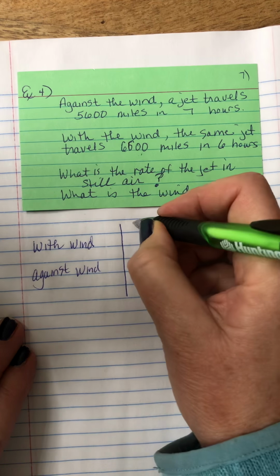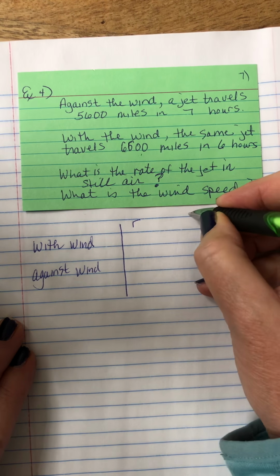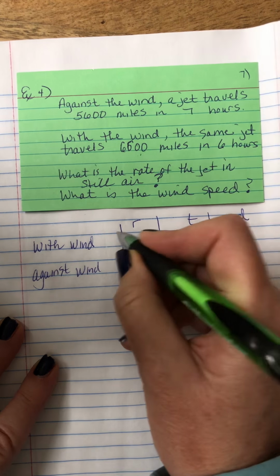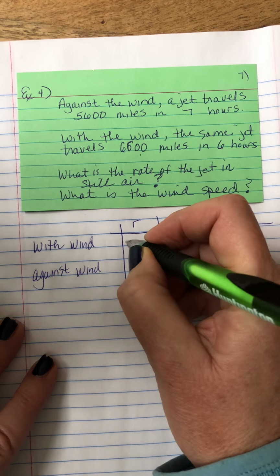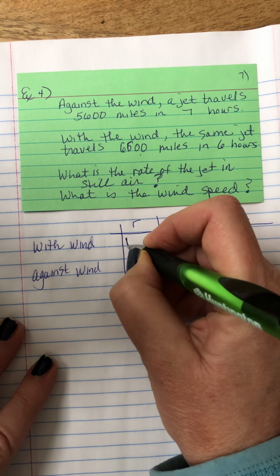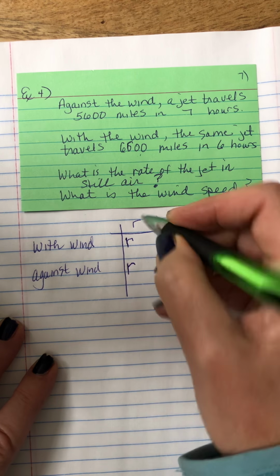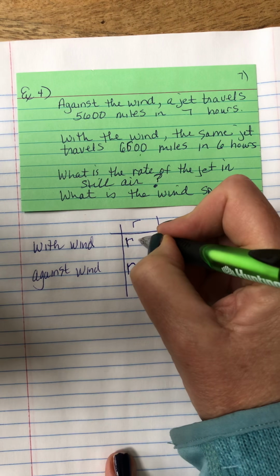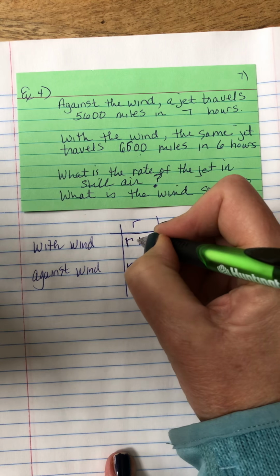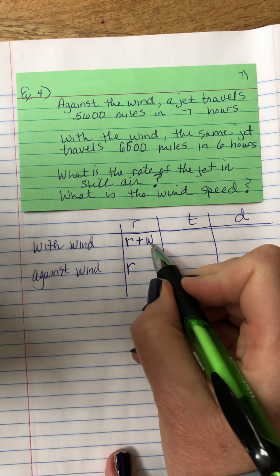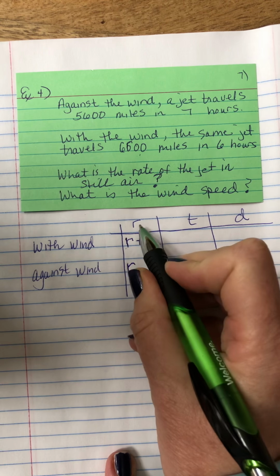Okay, so we'll have our rate times time equals distance. So the jet travels R miles per hour if it's not windy. But if it's windy, we can make the airplane go faster. When it flies with the wind, the rate of the airplane plus the wind speed will be considered.